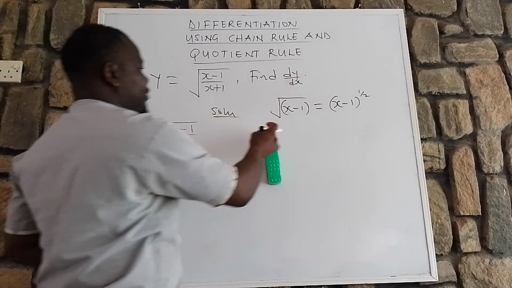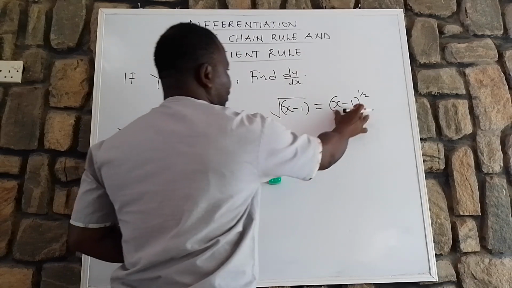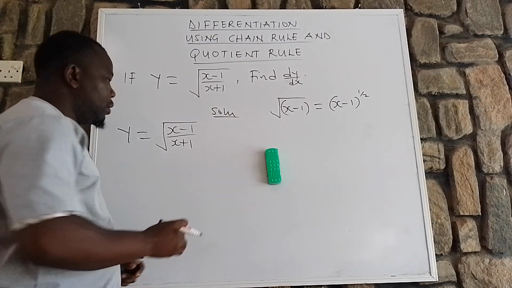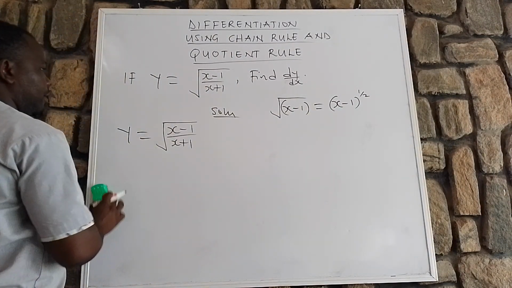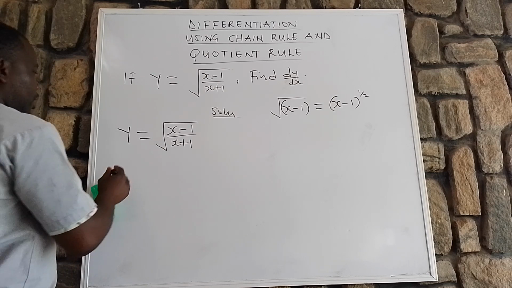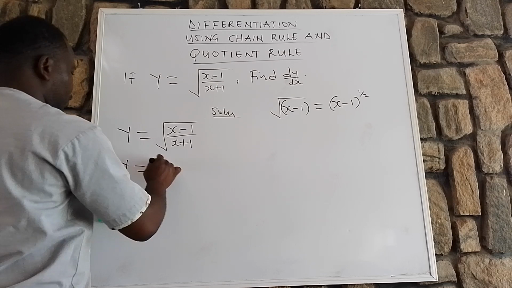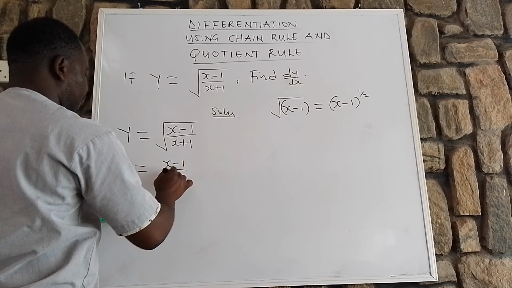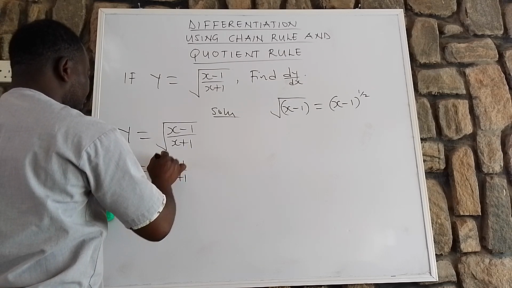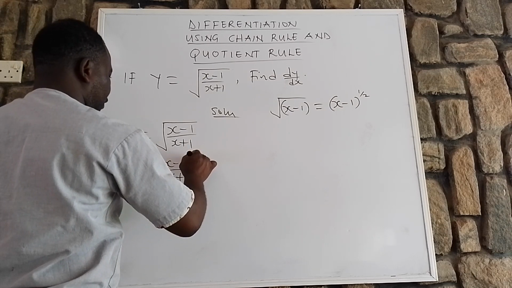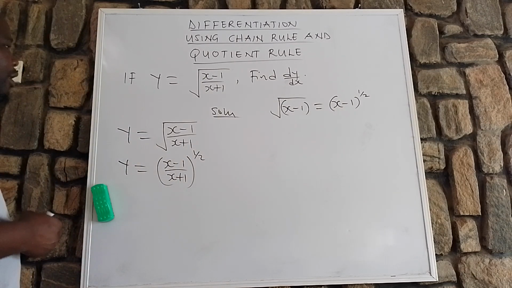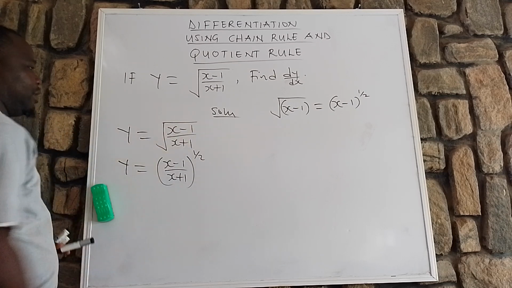Before you can differentiate this function, you must transform it this way. So we write the function as y is equal to x minus 1 all over x plus 1, all in bracket, raised to the power of 1 over 2. This implies that this is the same thing as this.